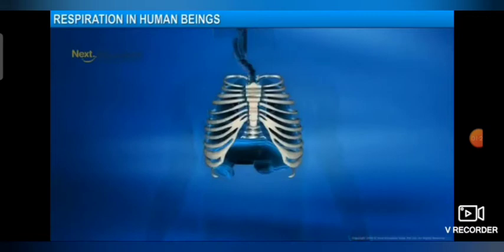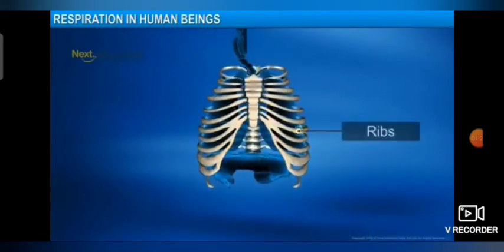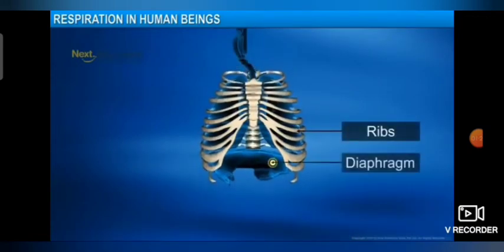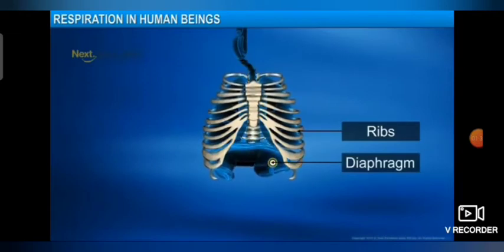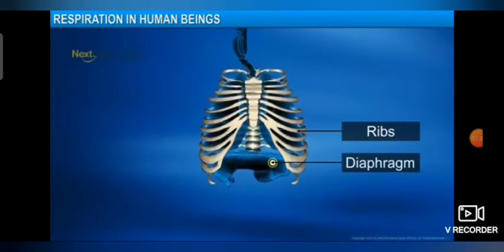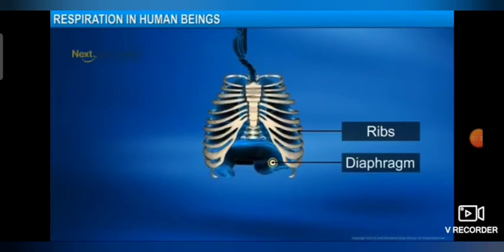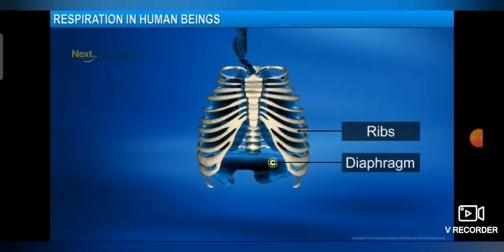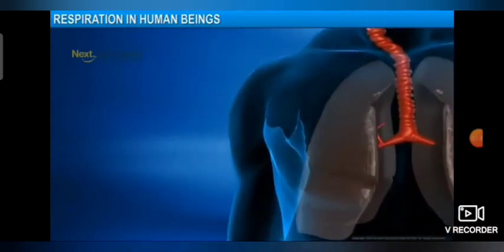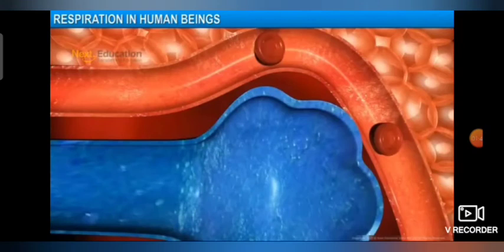Well, when we breathe in, we lift our ribs and flatten our diaphragm. As a result, the chest cavity becomes larger. Air gets sucked into the lungs and fills the expanded alveoli.